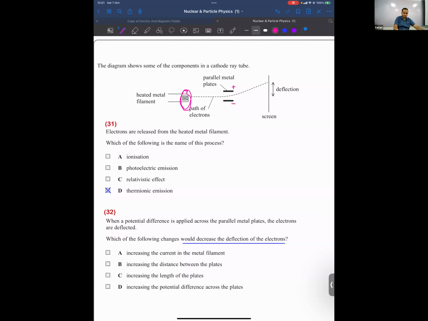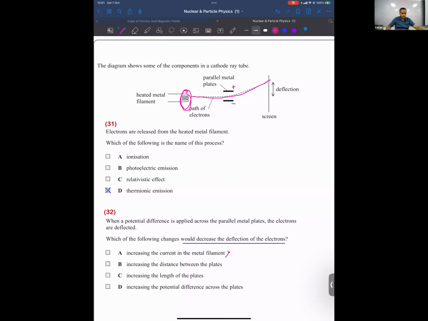But the electrons going through will experience the same potential difference between the parallel plates, same distance between the plates, so the same electric field strength. So the deflection will be the same. Increasing the current in the metal filament has nothing to do with the amount of deflection. Do you understand that? So no.